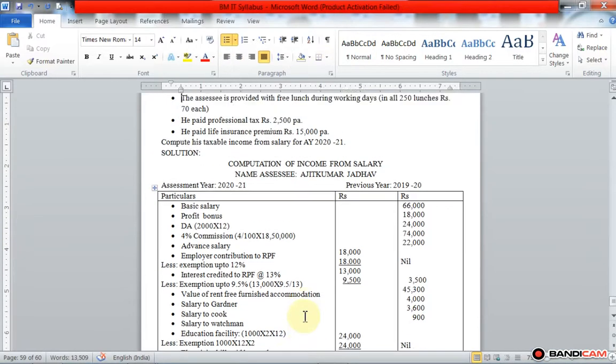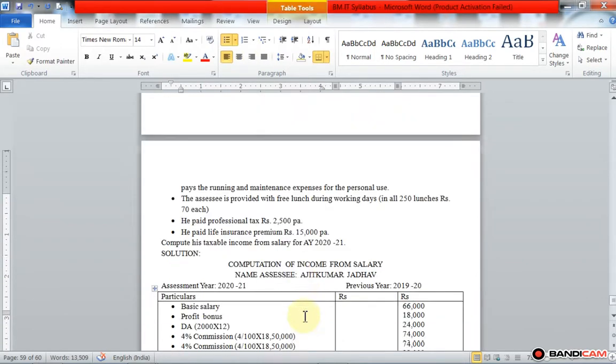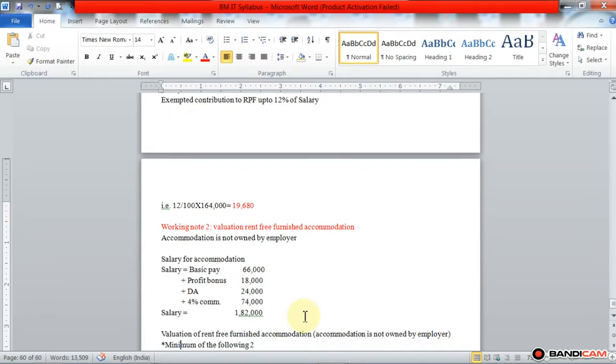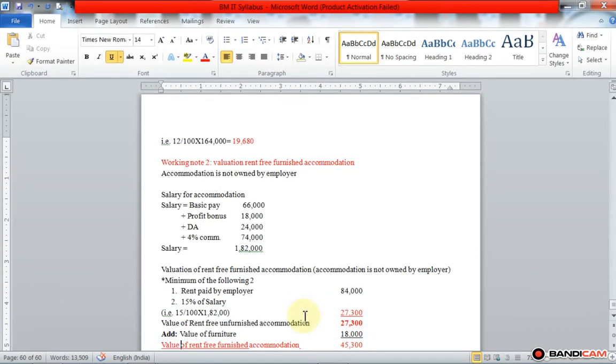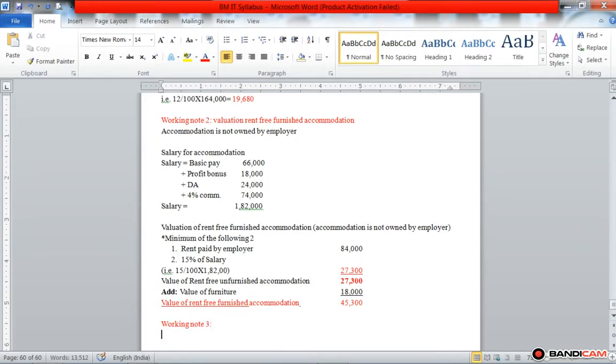Then the next one is car facility. So working note number 3, that is valuation of car facility.